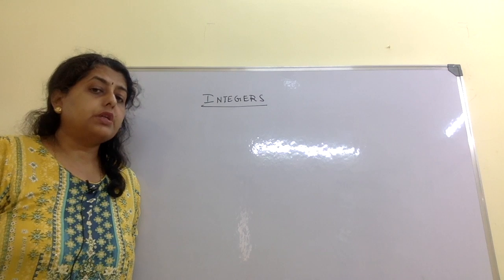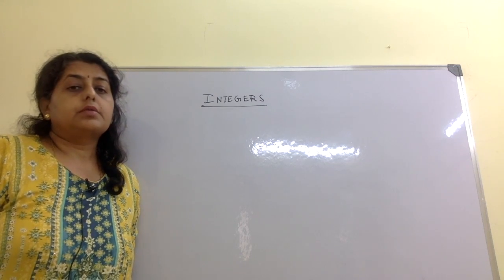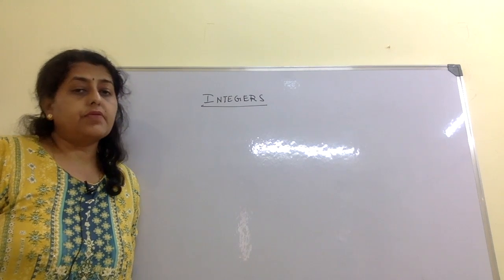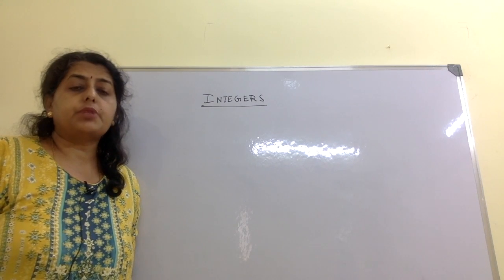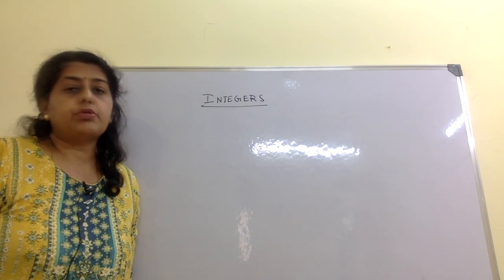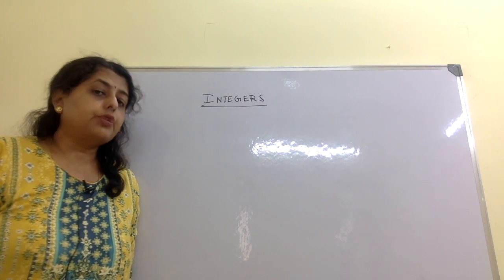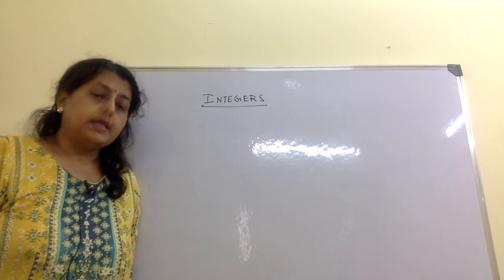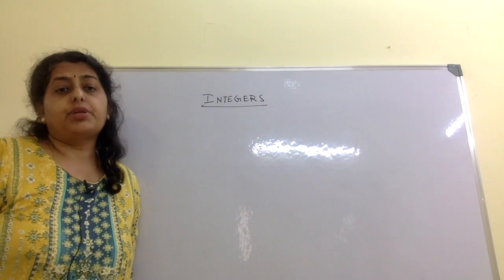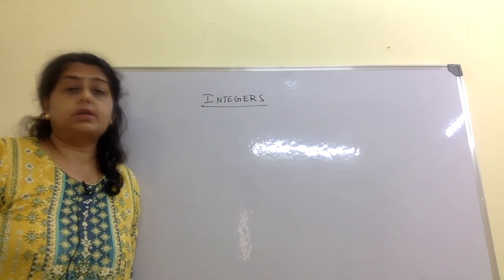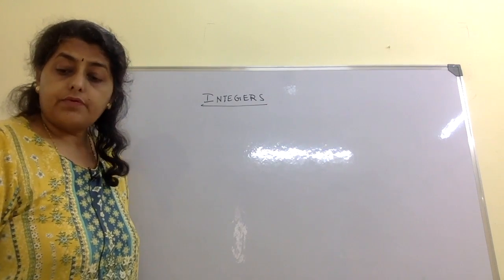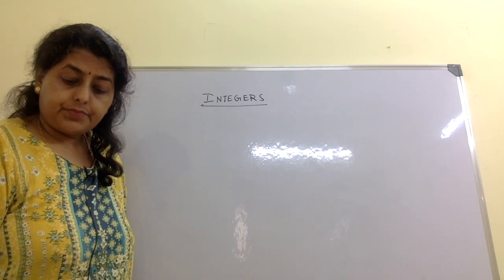Now in this video, I am going to take up the properties of integers. You must have heard of properties like commutative property, associative property, closure property, distributive property. I am going to explain these properties in detail along with examples, and then I shall be doing a few sums from the second exercise of S Agarwal.